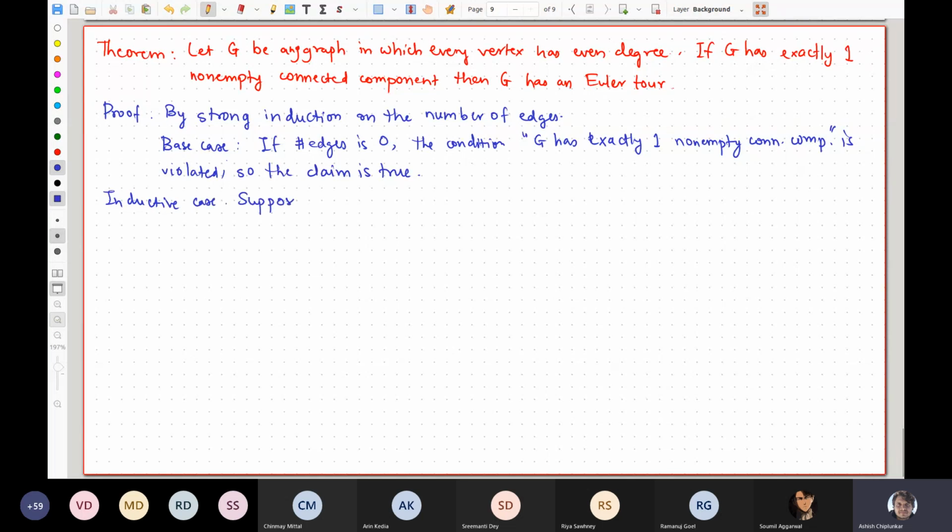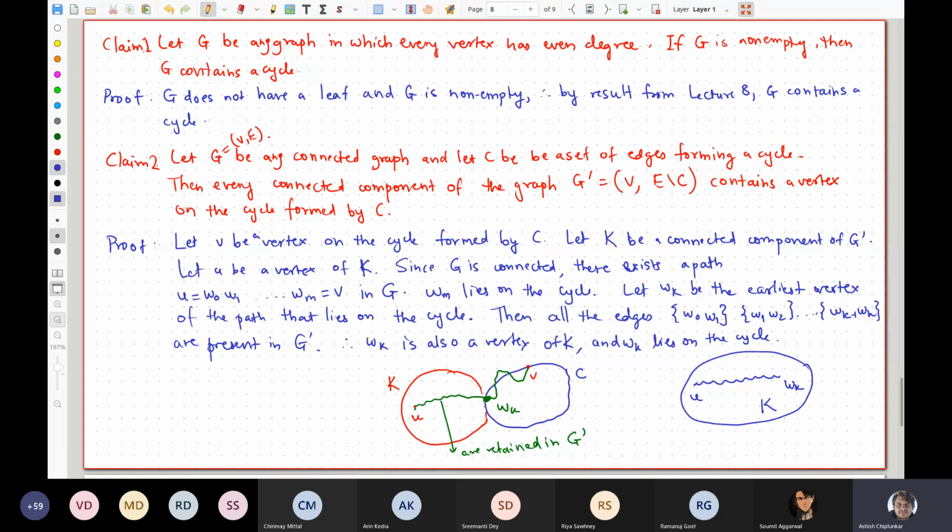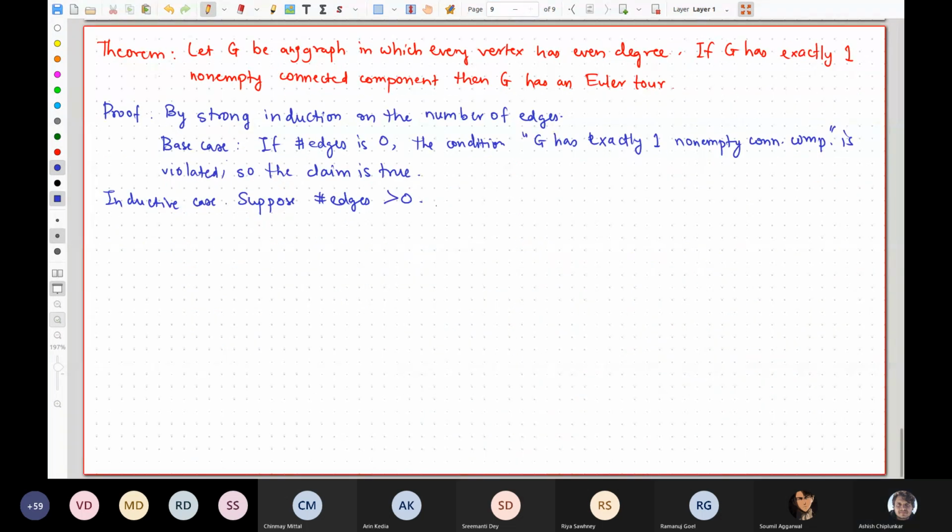Suppose the number of edges is greater than 0. So now what do you have? By claim 1, the graph G contains a cycle. Let's call this cycle V1, V2, up to Vm, and then V1 once again.